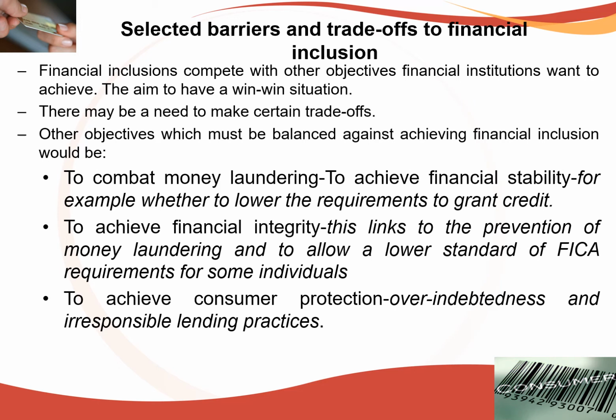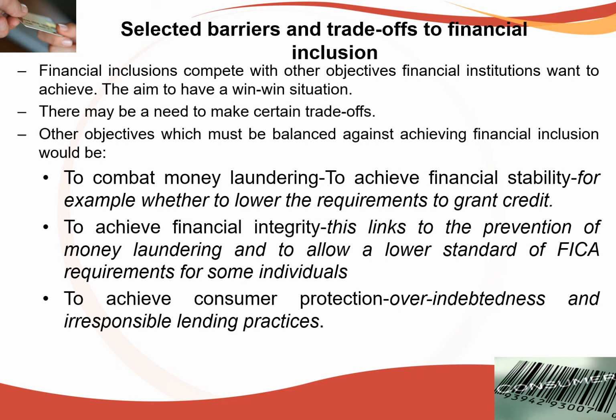The last barrier might also be the element of consumer protection. This boils down to the consumer being protected against themselves, but also against banks. So consumers not becoming over-indebted, so not borrowing too much, but also that banks do not make use of irresponsible lending practices.